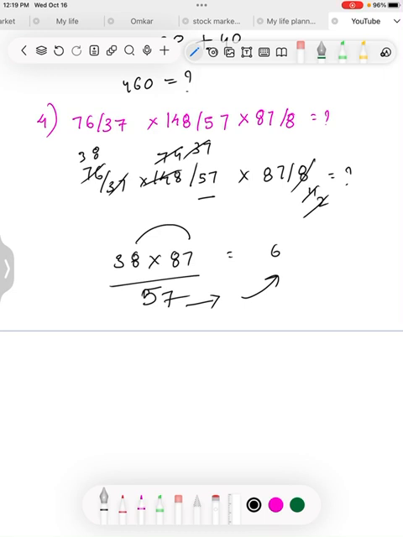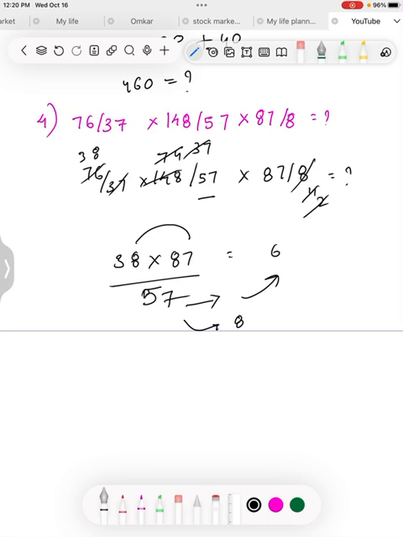Check with options. 7 eighths is 6, right? So in the 7 eighths we will get 6.